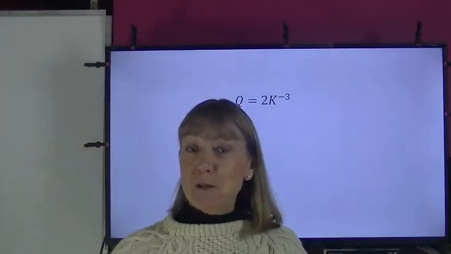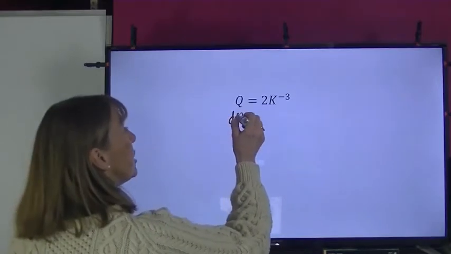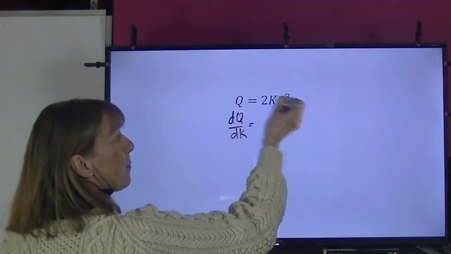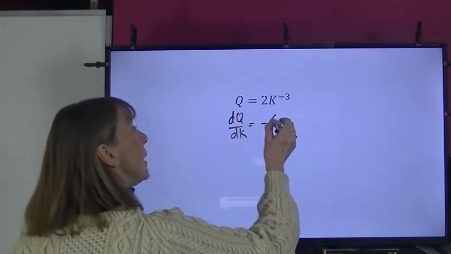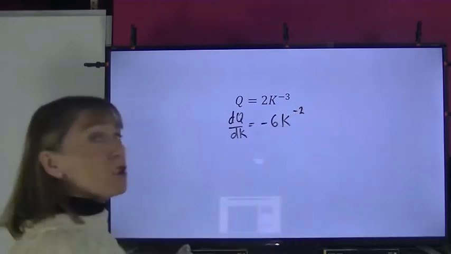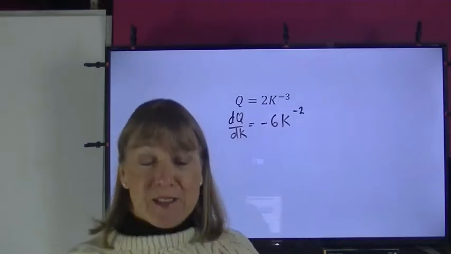Okay, now differentiating with a negative power. So we're going to find dq by dk here. We're going to multiply the power by the coefficient, minus 6k, drop the power by 1, minus 2. How does that look? Hopefully that looks terrible, because that's wrong.